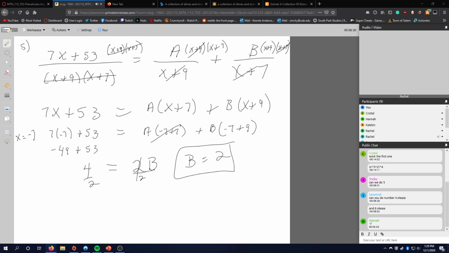All right, now I'm going to let x equal -9 so the B term goes to 0. I'm back to this equation, and I'm plugging in -9.